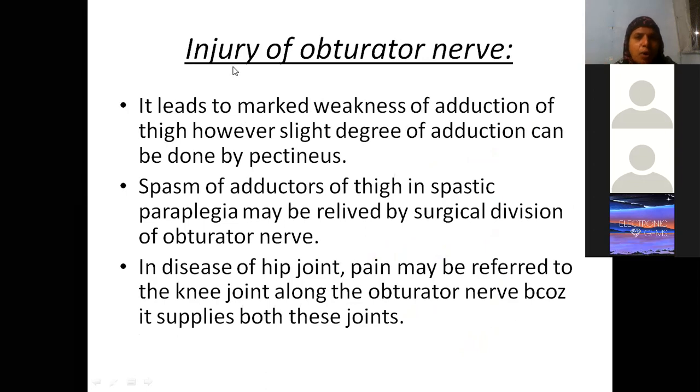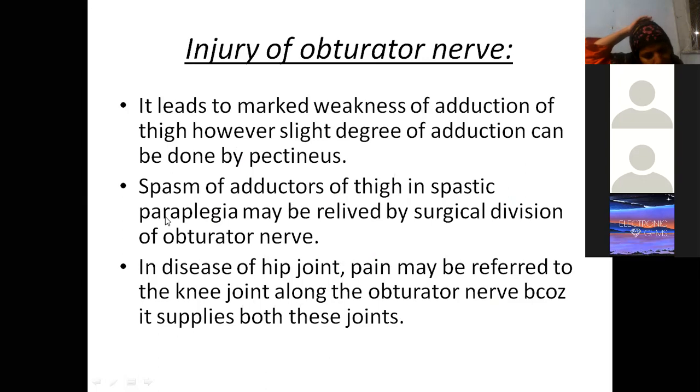So injury to the obturator nerve leads to marked weakness of adduction of the thigh. However, a slight degree of adduction can be done by pectineus. Why? Though the obturator nerve is damaged, this muscle is still supplied by the very good femoral nerve. And it will lead to spasms of the adductors of the thigh in spastic paraplegia.